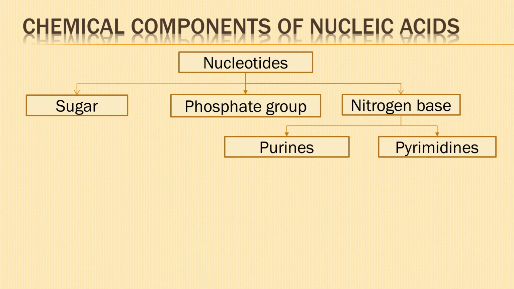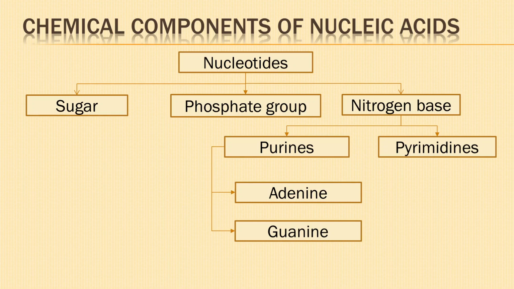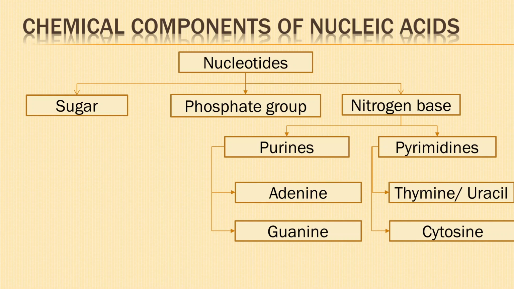Nitrogen bases are classified into purines and pyrimidines. Adenine and guanine are purines, while thymine, uracil, and cytosine are pyrimidines. Thymine is present in DNA and uracil is present in RNA.